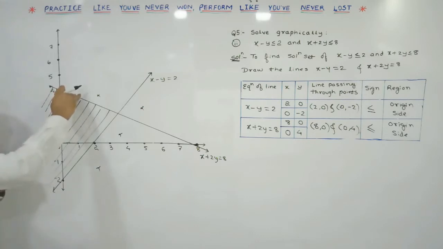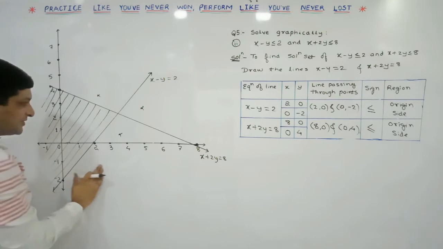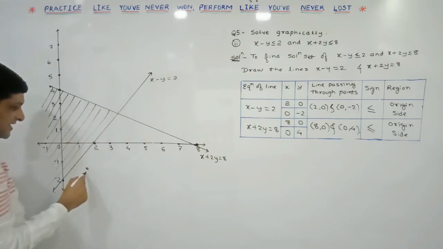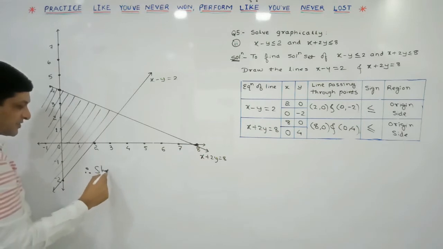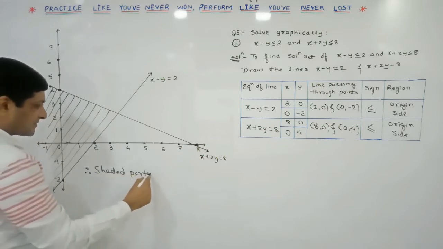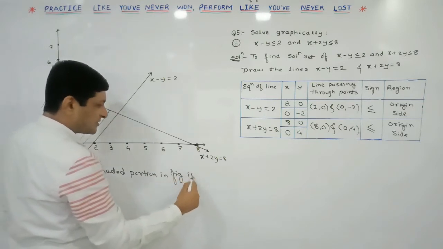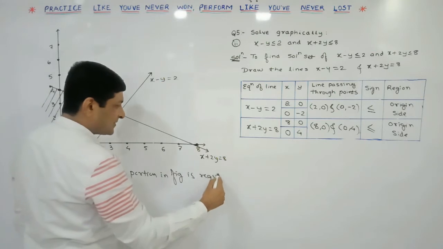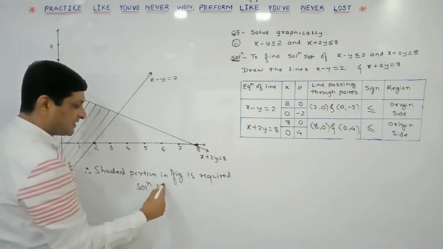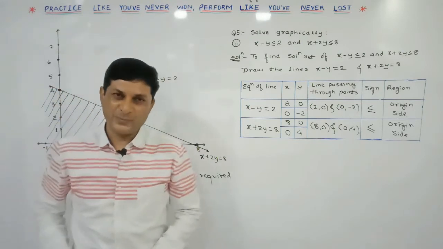So for the first line also origin side and for the second line also origin side. Therefore the shaded portion in the figure is the required solution set. In this way we have got the solution set of the given expressions.